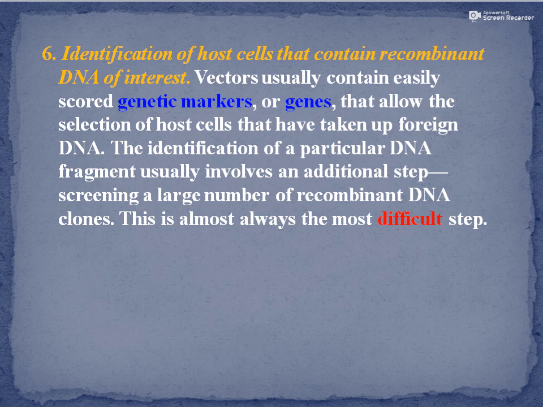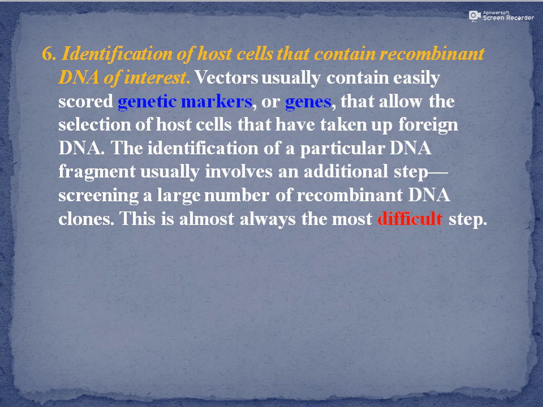It could be a character like ampicillin resistance, or it could be an auxotrophic marker, a type of nutrition coded only by the vector. So, different characters, but usually ampicillin or antibiotic resistance is the most commonly used genetic marker.